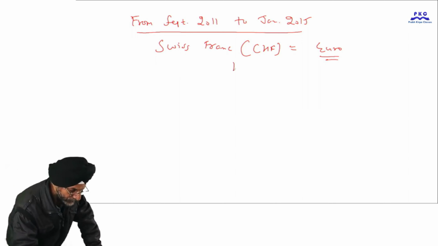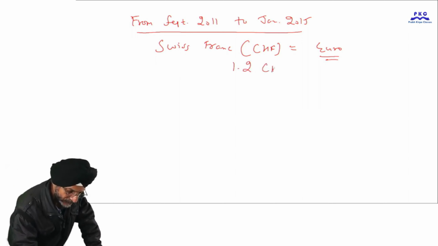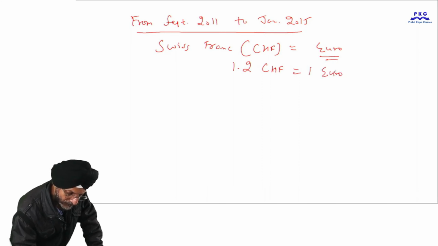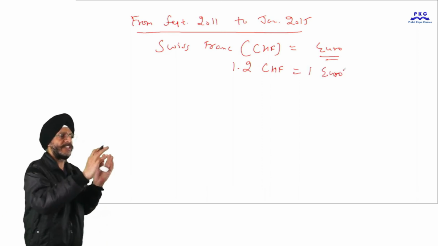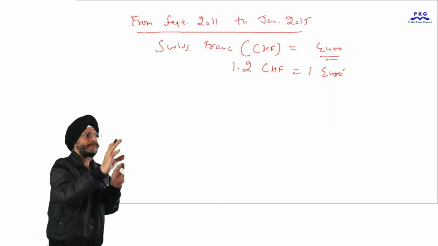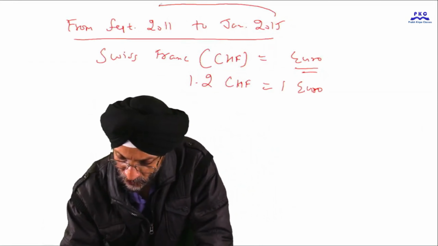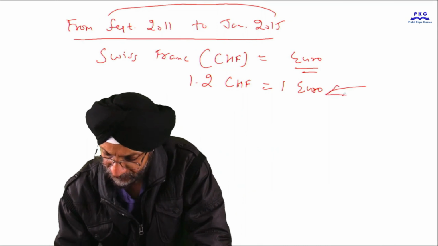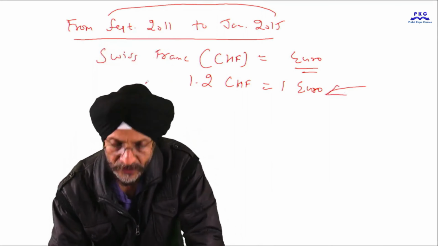At around 1.2 CHF, 1 euro was being exchanged. That is, the Swiss National Bank used to take steps during this period to maintain this exchange rate. We have mentioned only approximate figures.